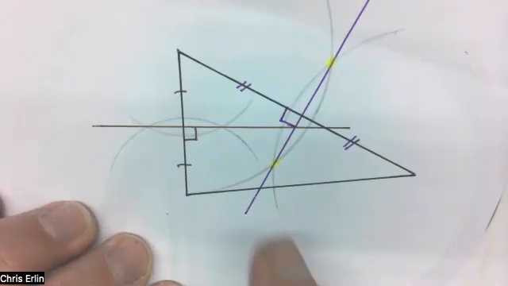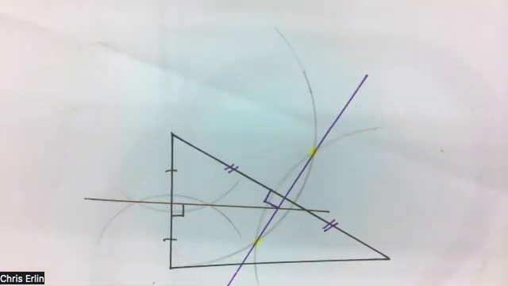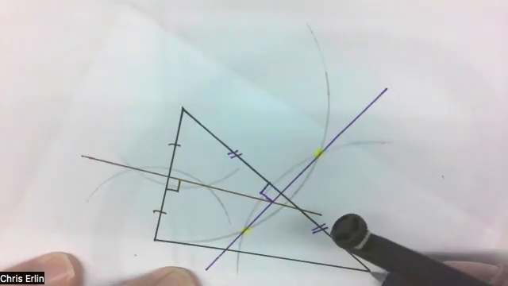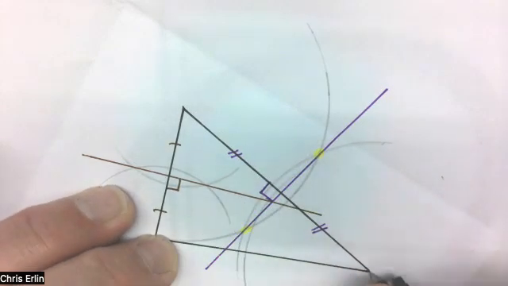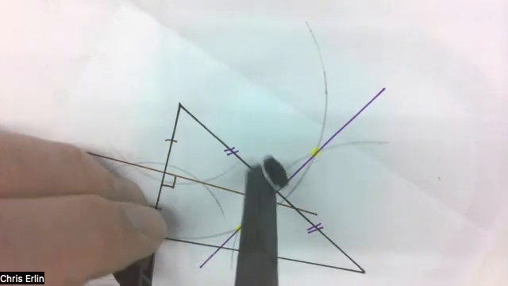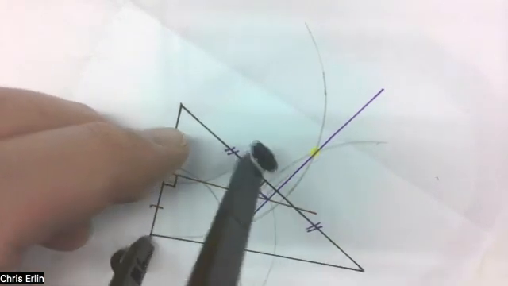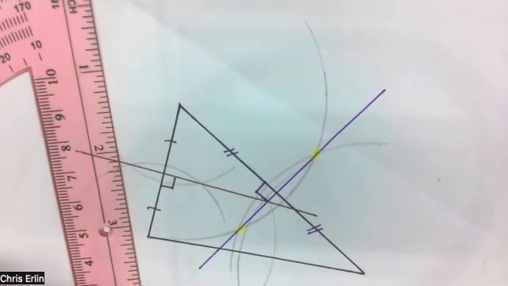But now, do another magic move. I want you to construct the third perpendicular bisector. Pay attention to where your marks are, because it's going to get a little crowded in here. Again, pay attention to which arc you're talking about.